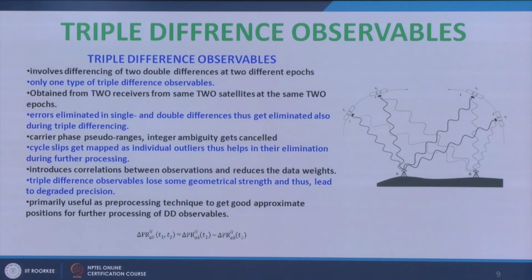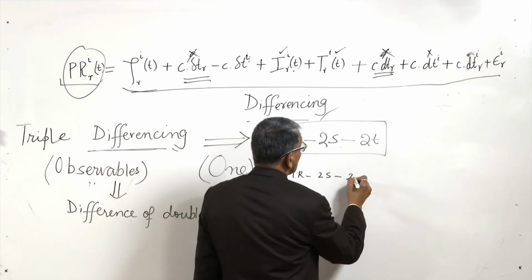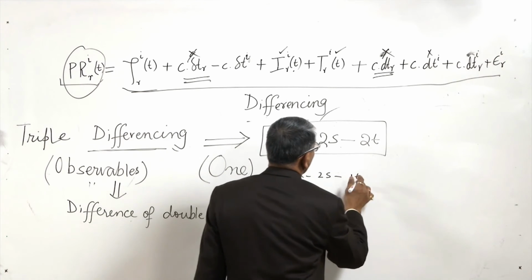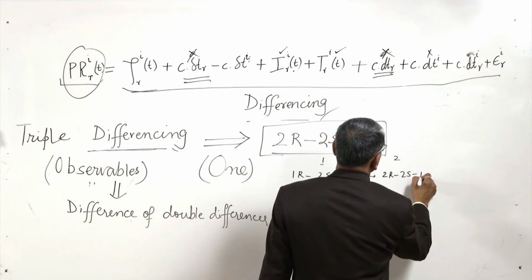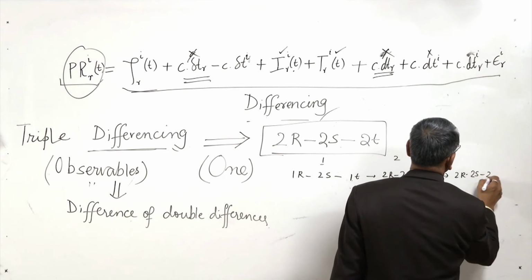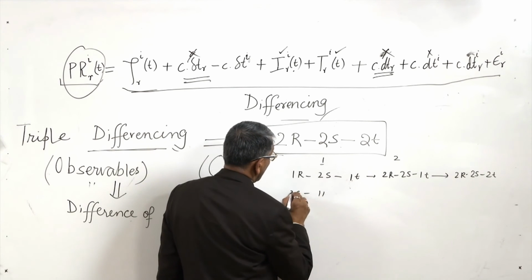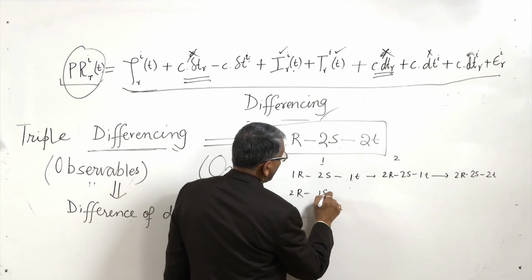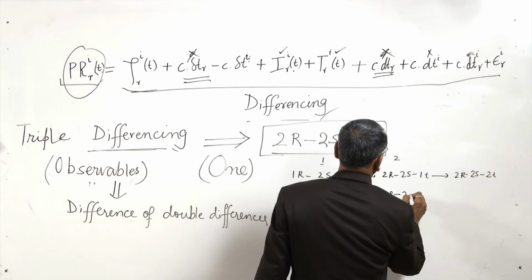is like this. We may arrive at triple differences through different paths, because first we can take 1R 1S 1T, 1R 1S 2T for single difference, then we can go for 2R 1S 1T, and then we can go for 2R 2S 2T, or we can go for 2R 1S 1T difference of this, then we can go for 2R 2S 1T.